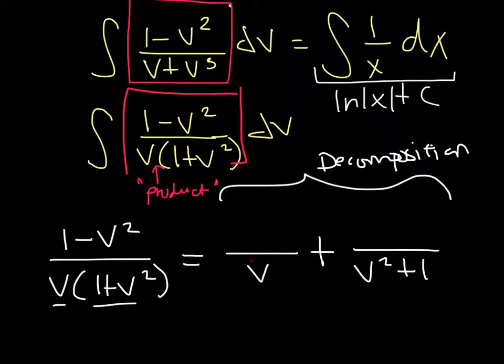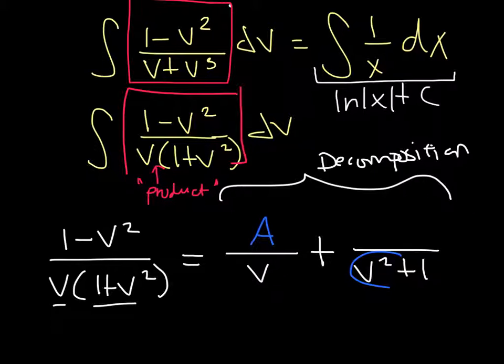Now, the coefficients depend on what type of factor you have. So this is a linear factor. I mean, that's really just a line, right? The degree is 1. So let's see, a different color here. So I'm going to just call that A. Now, because this is a quadratic factor, right? The highest degree is 2.